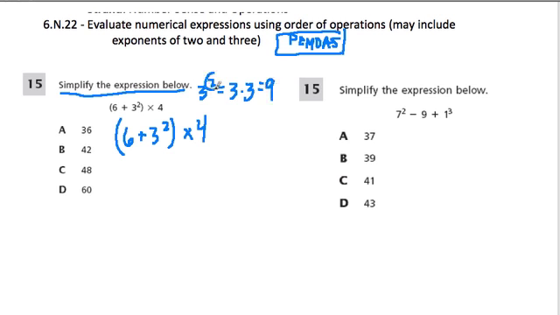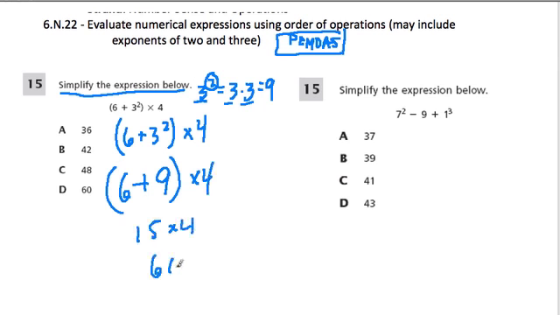This 2 means take the number 3 and multiply it by itself twice. So that's 9 plus 6 in parentheses times 4, and that's 15 times 4, or 60.